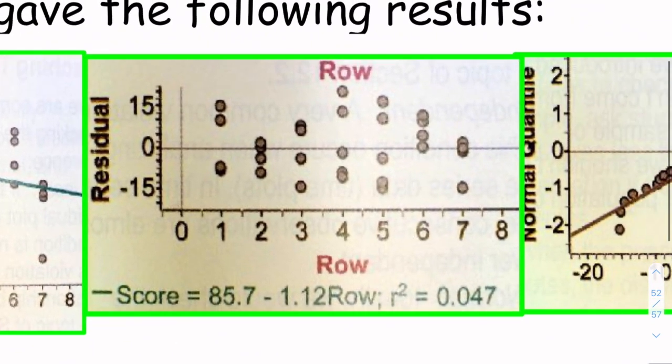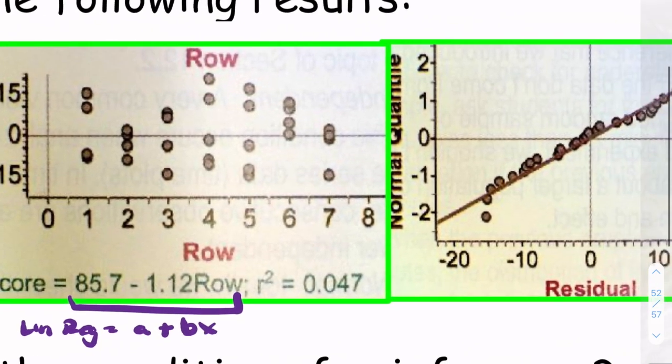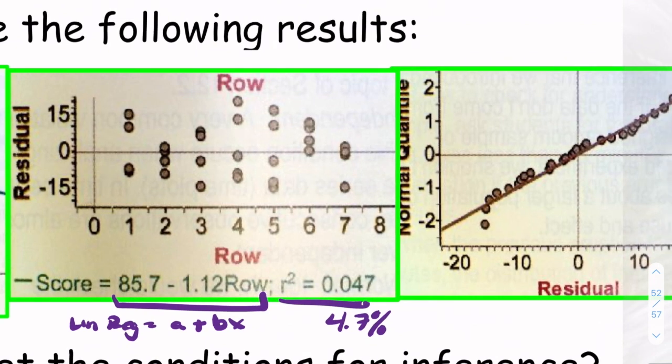We look at our residuals, and we get score equals 85.7 minus 1.12 times row. Now, this is our linear regression model, a plus bx. And we have our r-squared value of 0.04, or 4.7% of the variability in score is due to the row variable.